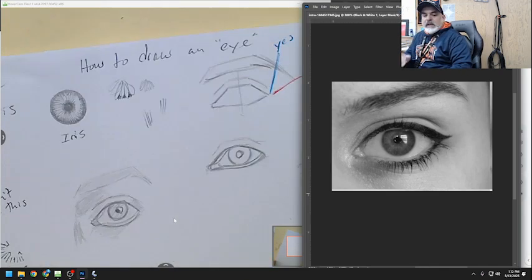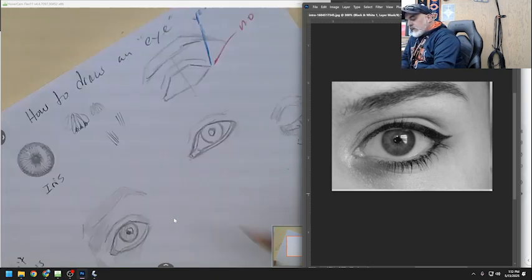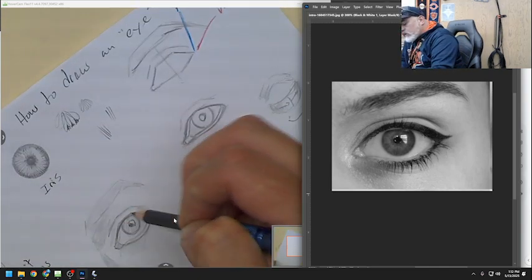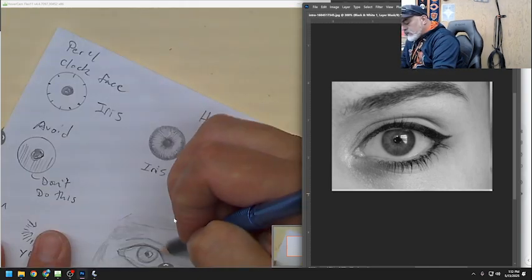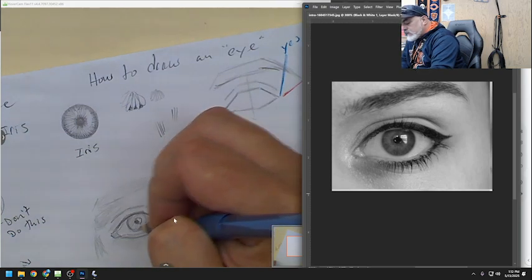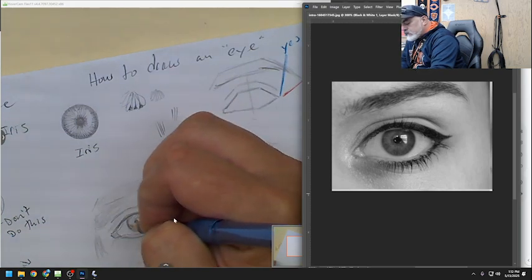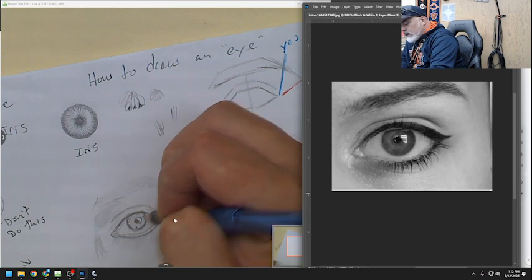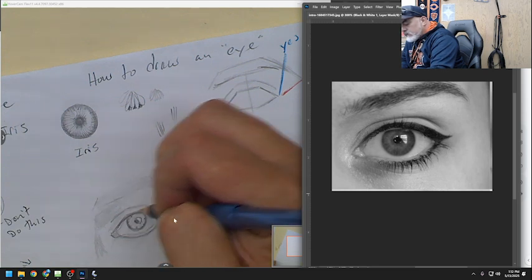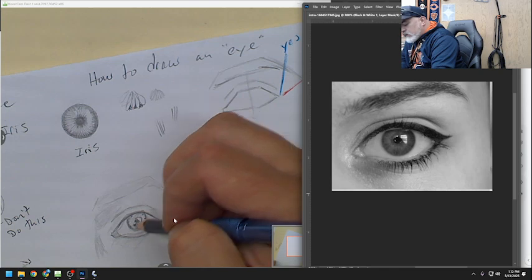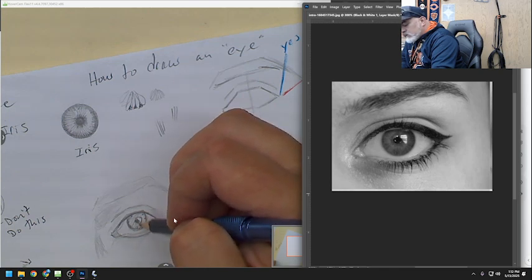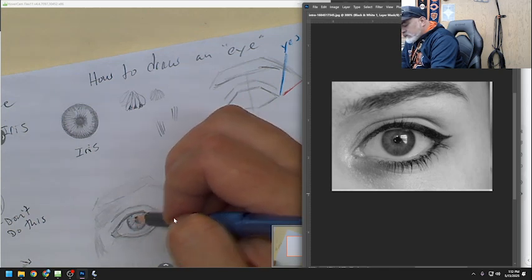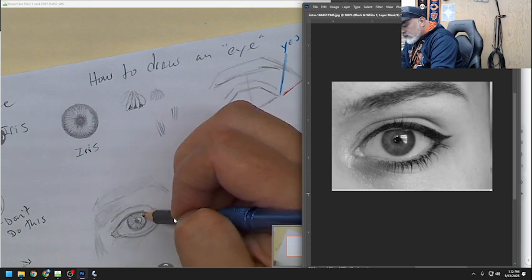Okay, so now that I have this, I'm going to start doing my techniques. So I'm going to start putting in the little hands. I'm going to put in my little loops. And I'm going to avoid that highlight.